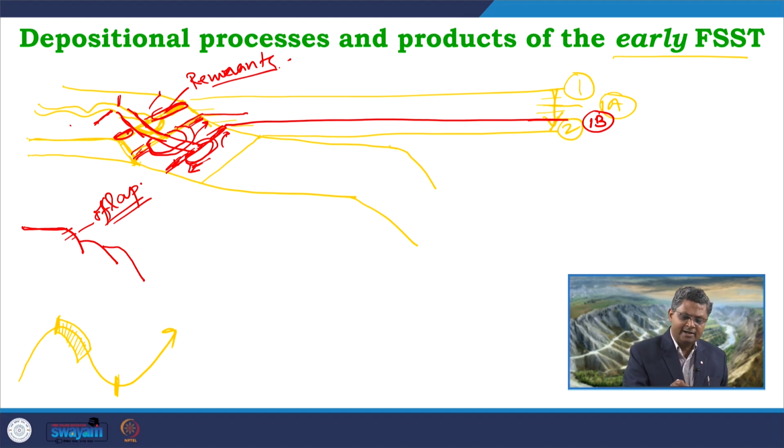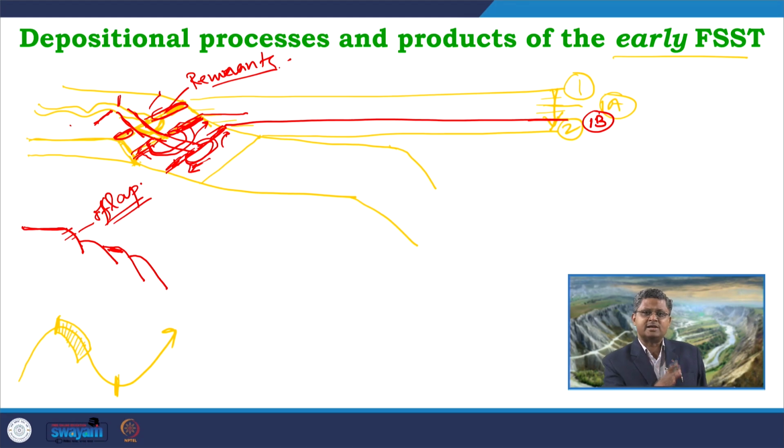So, the earlier delta which was formed during phase 1A, the remnant of these shore deposits, will now appear as the remnant part of this offlapping unit, and we will get a new offlapping unit formed by this new delta.